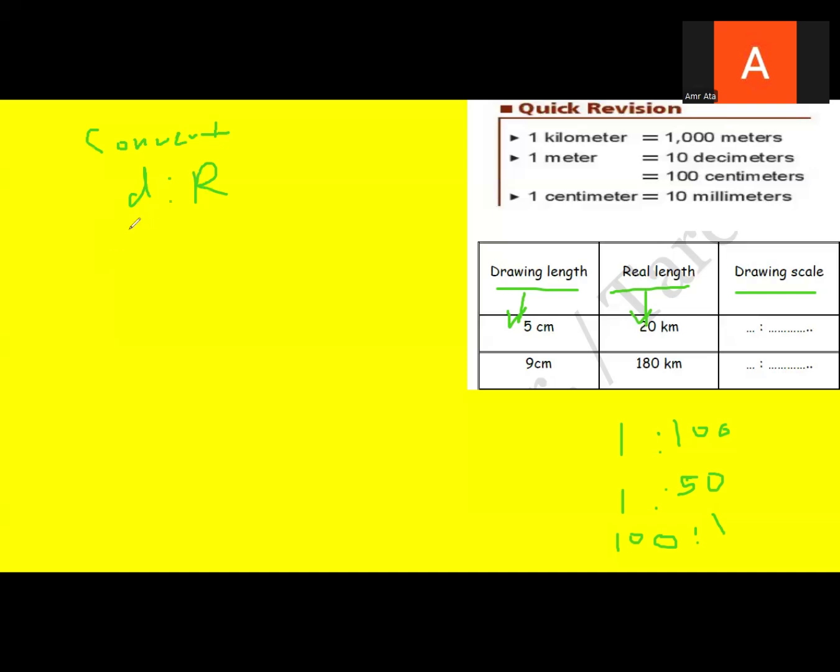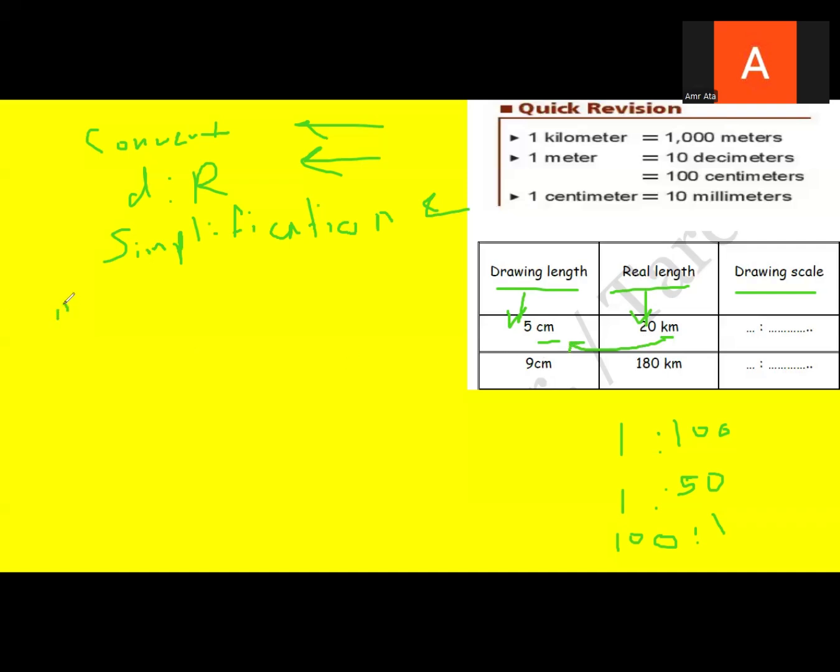The third one, simplification. So I have 3 steps to solve this problem: convert, draw to real, simplification. Convert, I have centimeter and kilometer. I have to convert kilometer to centimeter.